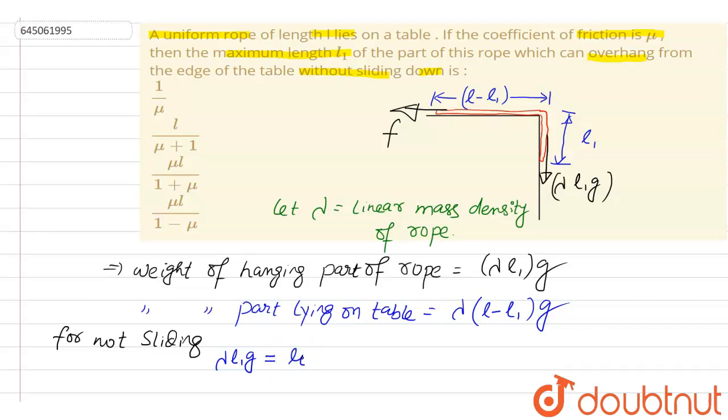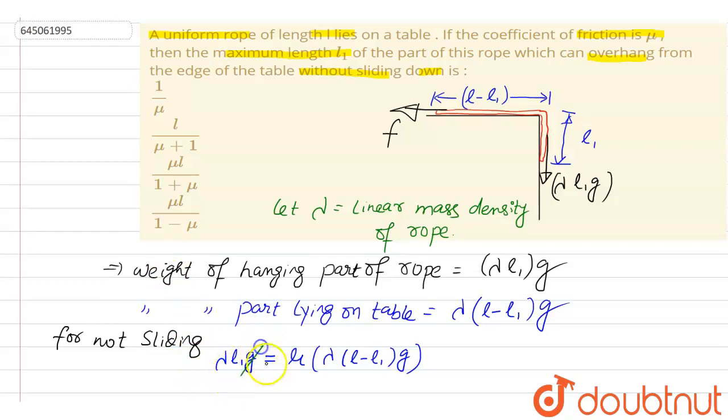The normal reaction is equal to the weight of the part of the rope lying on the table, so it is lambda times (L minus L1) into g. Now we have to solve this equation to obtain the final relation for L1.